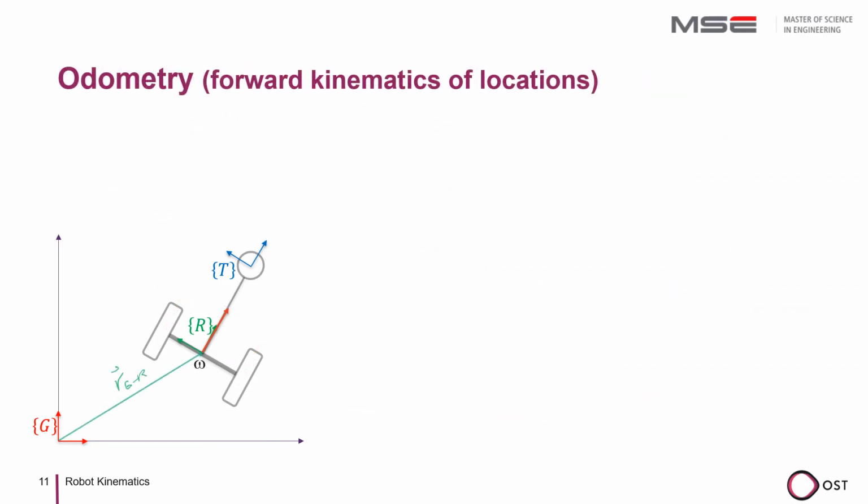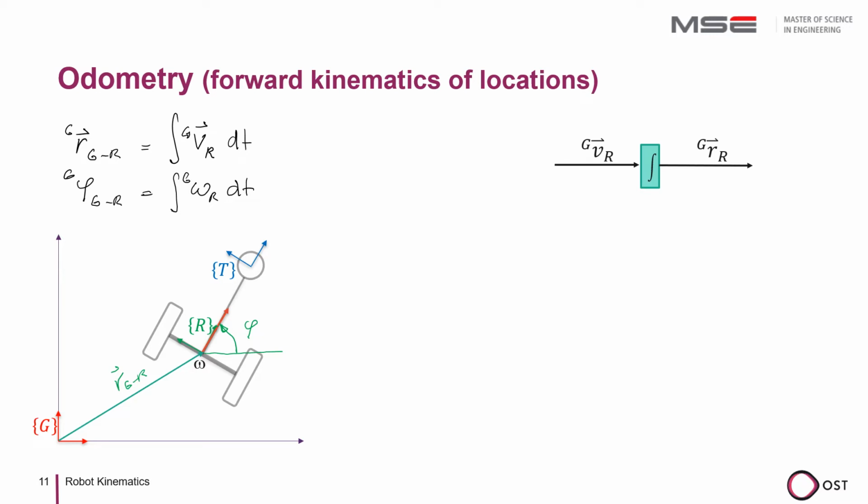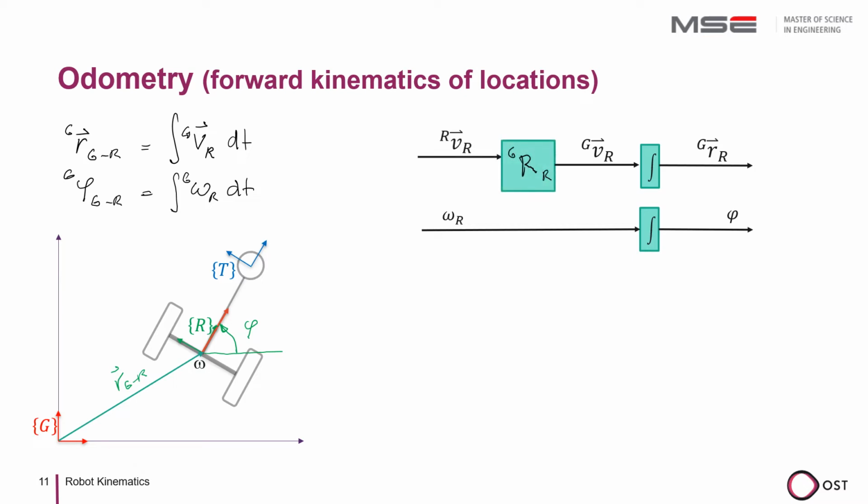To determine the position of the mobile robot, we integrate the velocity and the angular velocity over time. This procedure is called odometry. We integrate the velocity vector of the robot in the global coordinate system and thus obtain the location vector. We also integrate the rotational velocity and thus determine the orientation phi. However, we have the velocity of the robot in the robot coordinate system and therefore transform it into the global coordinate system before the odometry.